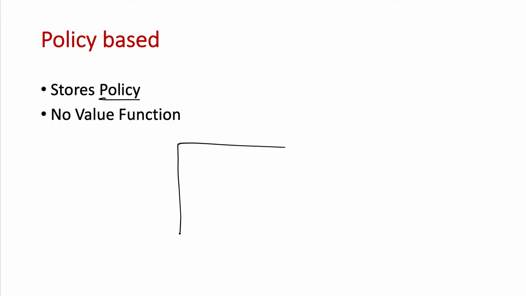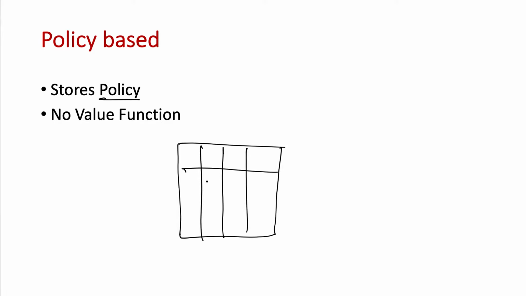For example, if we take a similar grid, and we define a policy for each state, like in this state go left, this state go left, this state go left, this go up, up, up, and so on for other states.